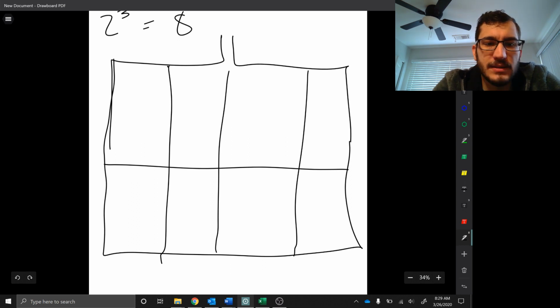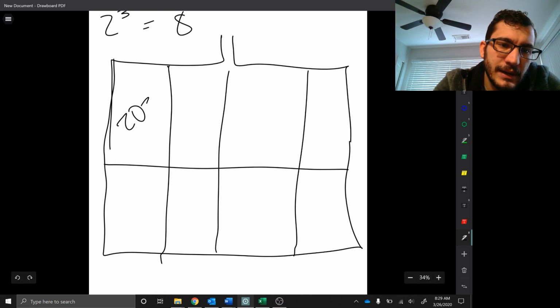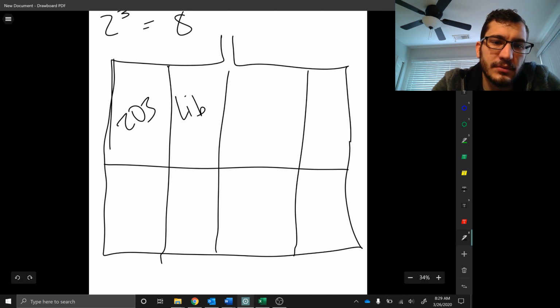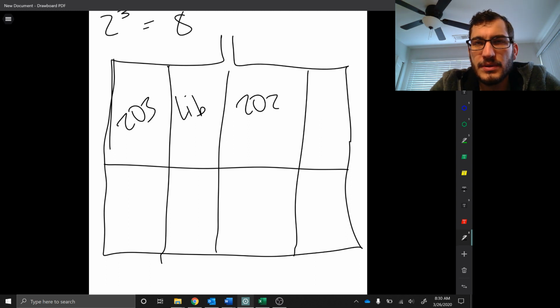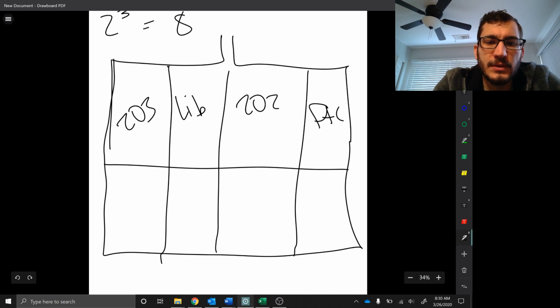Let's say this is 203 lab. This is the library computers, right? I'm just making stuff up. This is the computer lab in 202. This is all of the stuff in the FAC, all the tech stuff. This is all stuff that students can access.